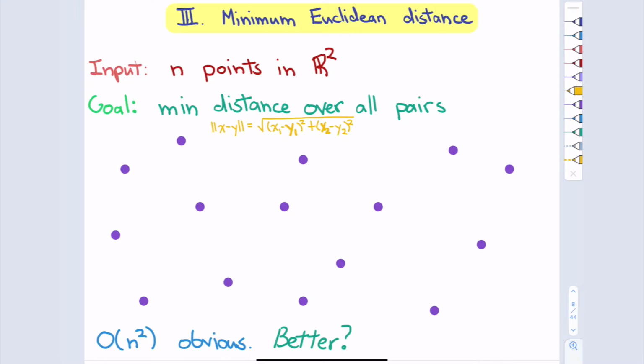Okay, so you just have a point set. You want to go through and find the minimum distance. The easiest thing, of course, is to go through all pairs and figure out the minimum distance. And that would take roughly n squared time, where for each pair we do this sum of squares and the square root.